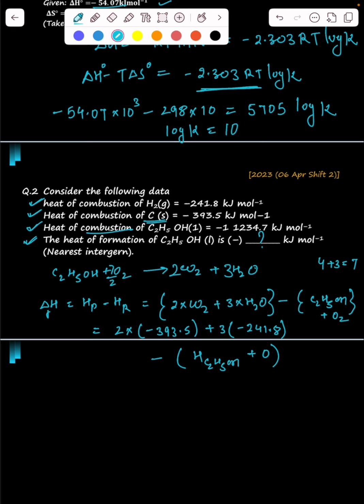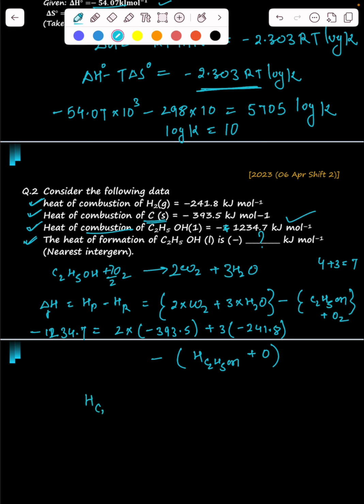Okay, and that enthalpy of reaction combustion is given, no, that is actually 1234.7, some misprint happened. It should be 1234.7 with the minus sign. That's it. Now just do the calculation.